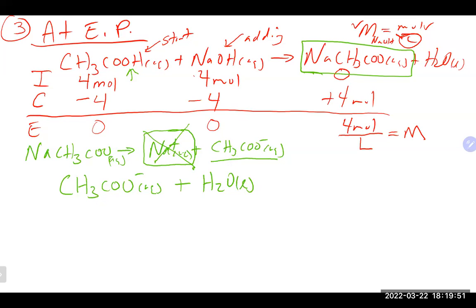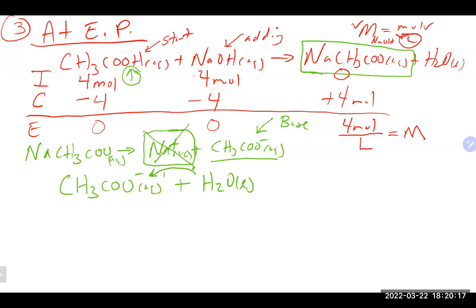Now, again, if you're not sure how it's going to react, we should think about where it came from. So again, it came from acetic acid, which is an acid, which means really the acetate here will be its conjugate base, which means when it reacts with water, it will react like a base, which means should it donate or accept an H+?